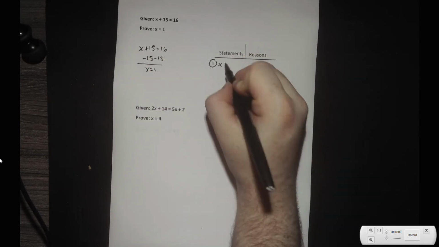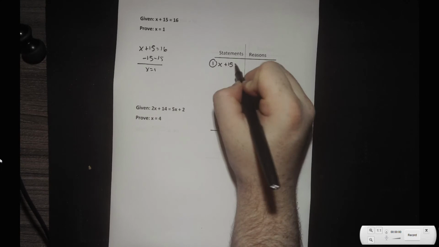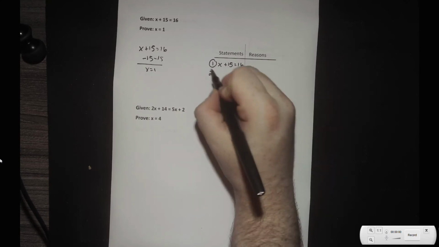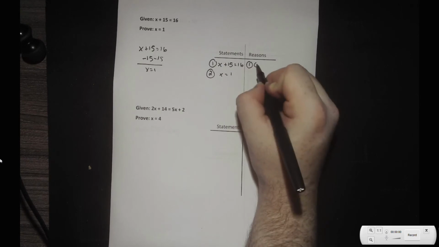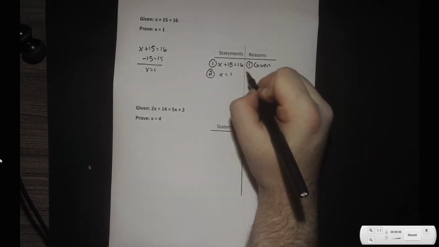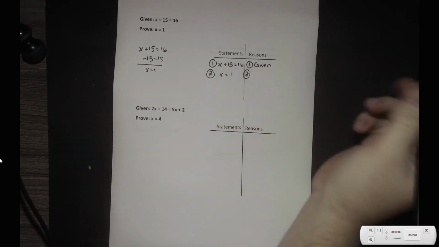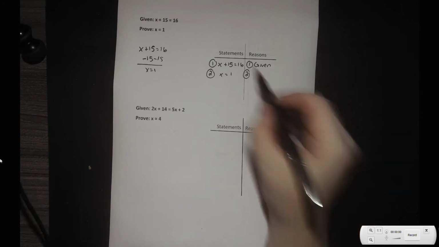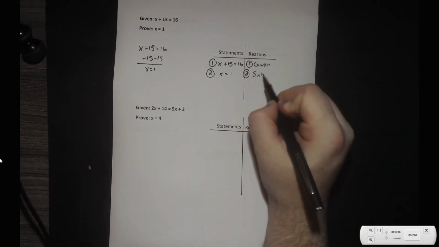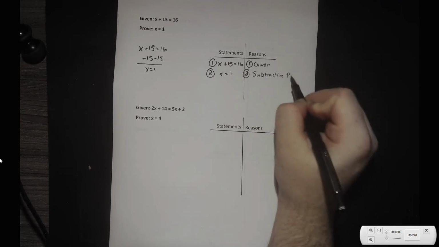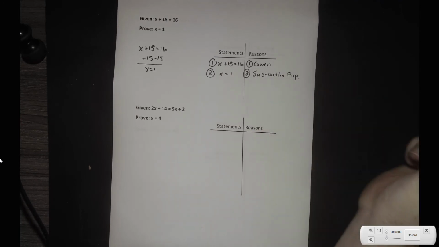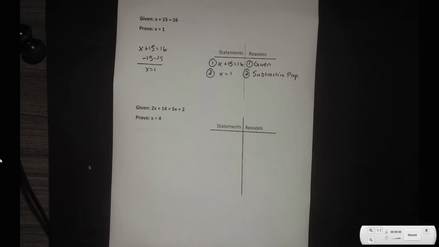So when I go over here, I'm not going to put the work, I'm just going to put in the results. This first step is given to me in the very beginning. And then to achieve the second step, all I did was subtract. So that's my subtraction property. Okay, and that's where we can stop with that one.